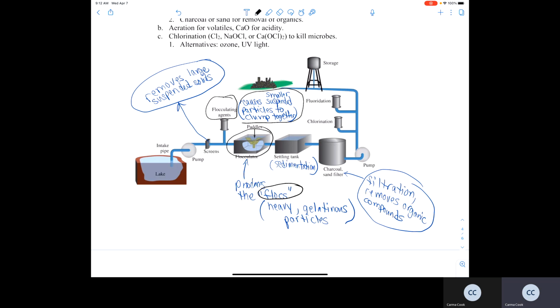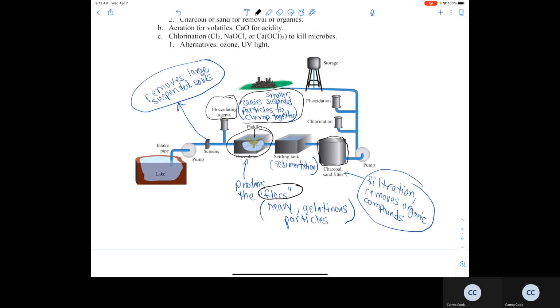And then the water with all the solid particles now should be removed totally, once that water passes through the settling tank and those big flocks fall to the bottom of the tank. Then the water is sent to a container that contains things like charcoal and sand to do filtration.